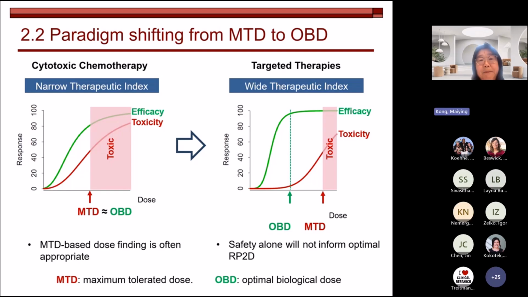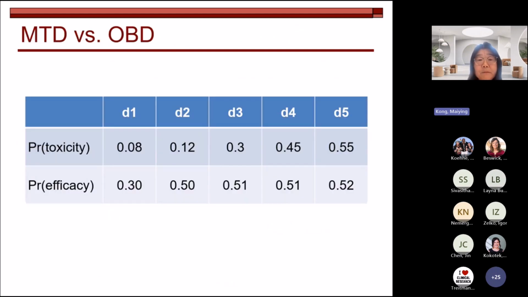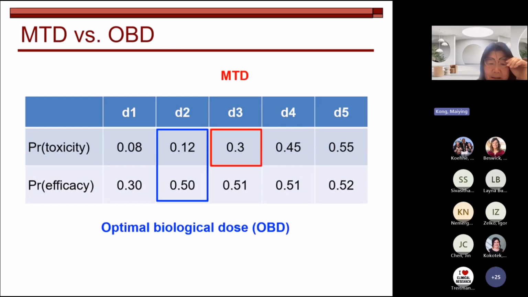So the paradigm has moved. Instead of finding MTD, we want to find the optimal biological dose that will be recommended for the phase 3 study. For example, in this case, if the toxicity and efficacy profile look like this, for MTD, say the toxicity is no more than 30%.